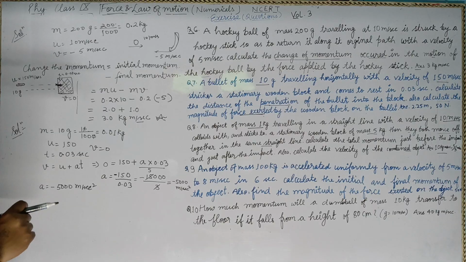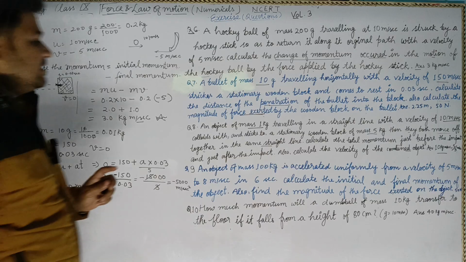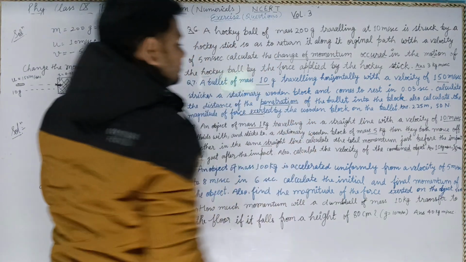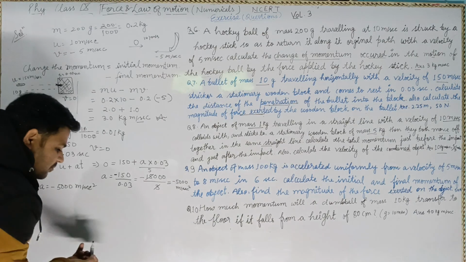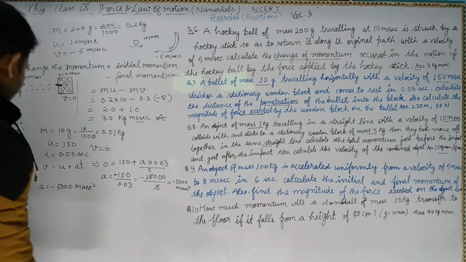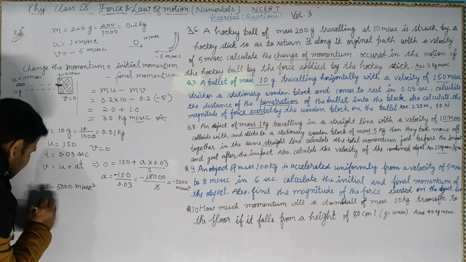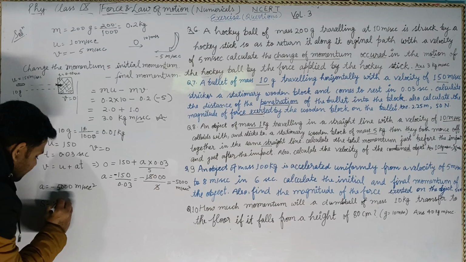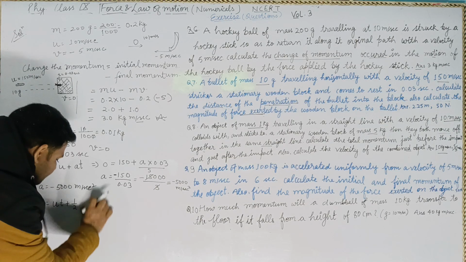What we have to find is the distance traveled in the block, that is the penetration. From the second equation of motion or the third equation of motion, we can find it with the given values. Let us solve first from the second equation of motion, that is s equal to ut plus half at square.